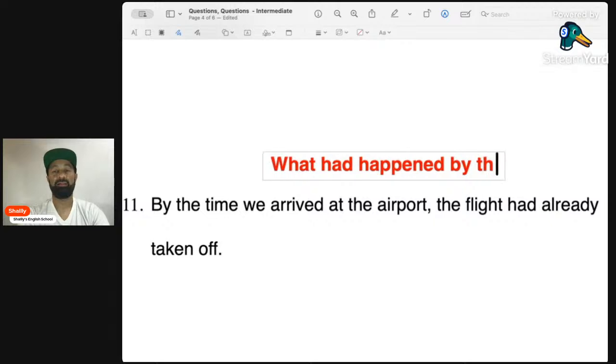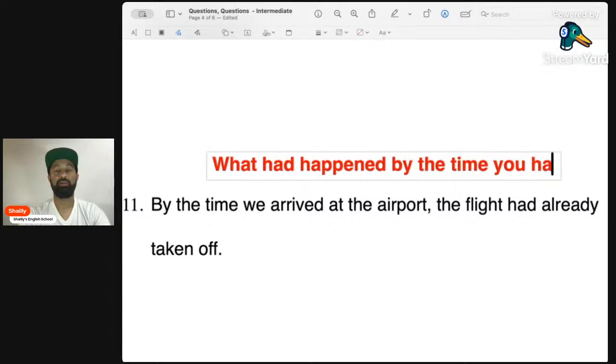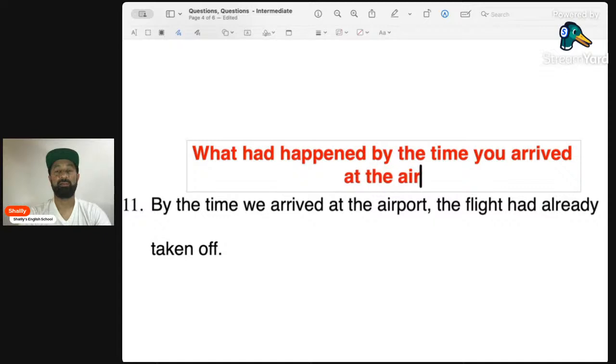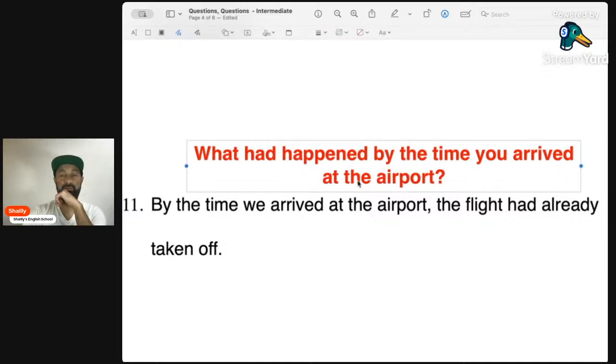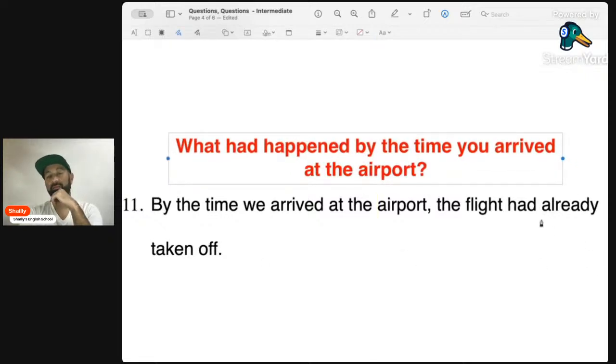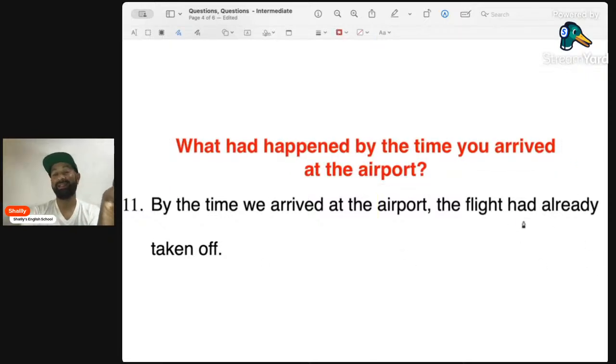Okay, well, by the time we arrived at the airport, the flight had already taken off. So what happened? The flight had taken off.